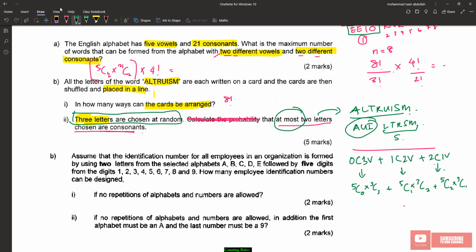Is it correct? Yes. So this is, letak bracket dulu, jangan lupa. Okay. Kira dia dapat answer lah. Right? Boleh? Boleh, sir.